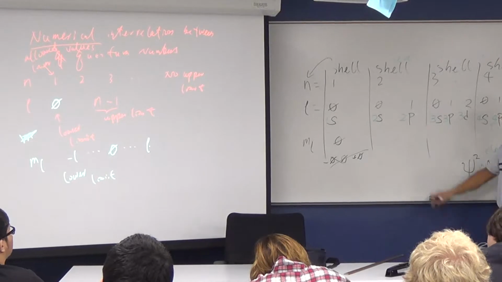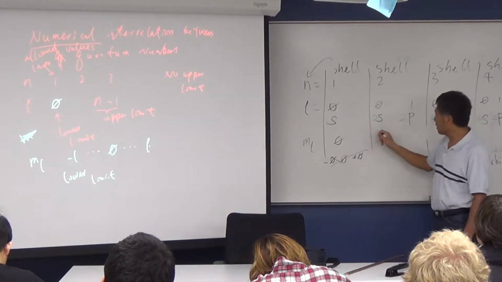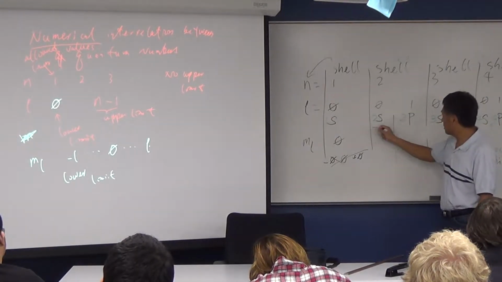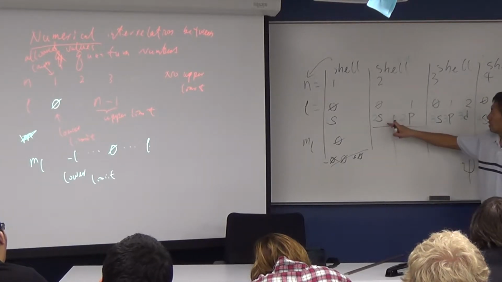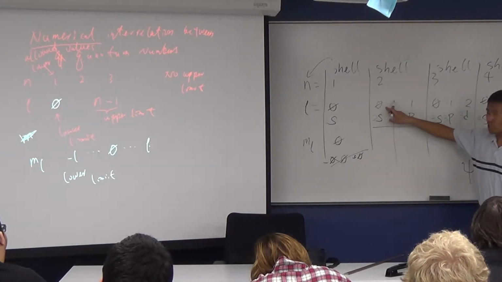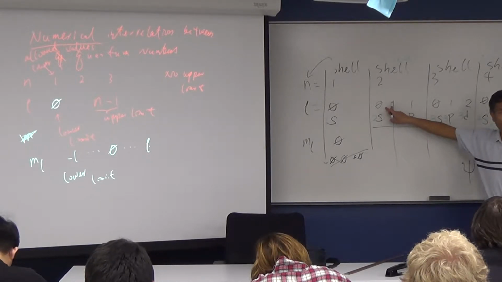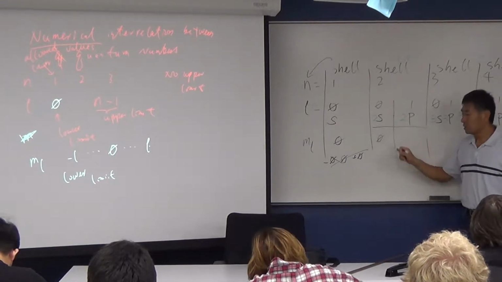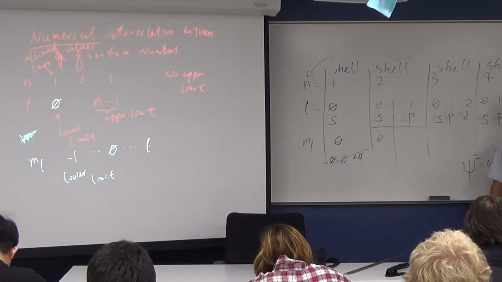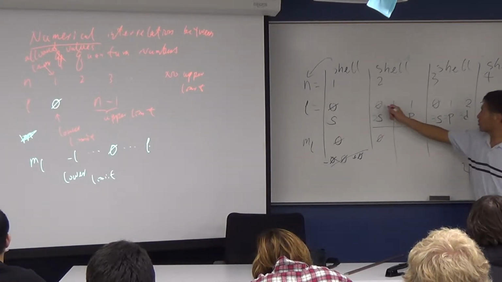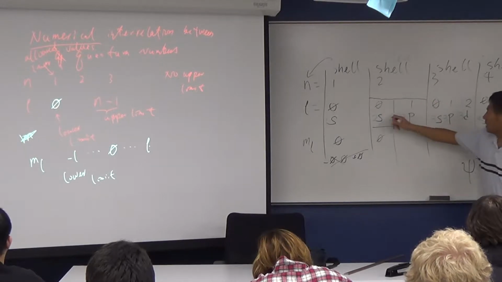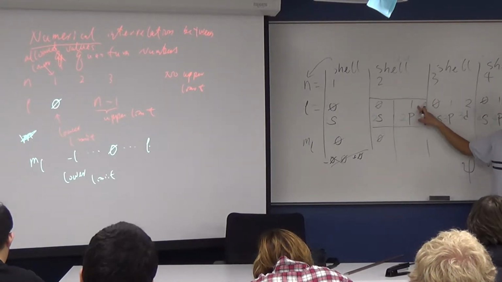So that's similar for here. Now we'll make another small line here. For this L is 0, what will be the number for ML again? Only one possible number, 0. Now you tell me what will be the possible numbers if your L is 1.